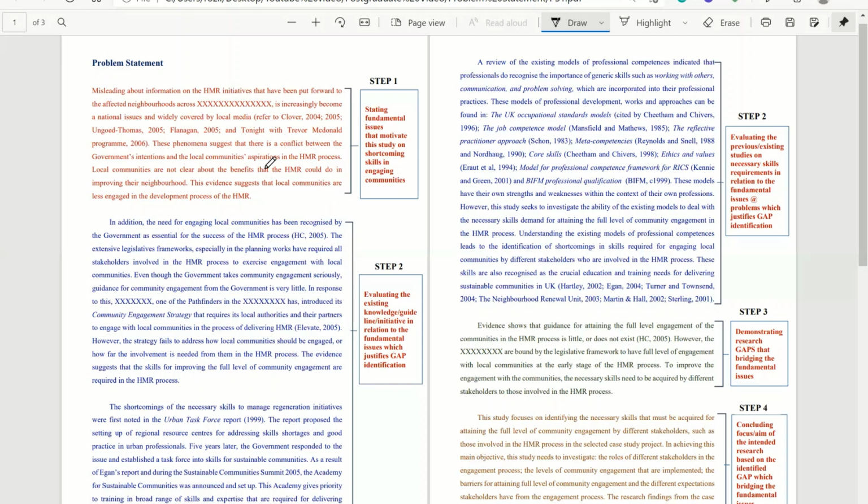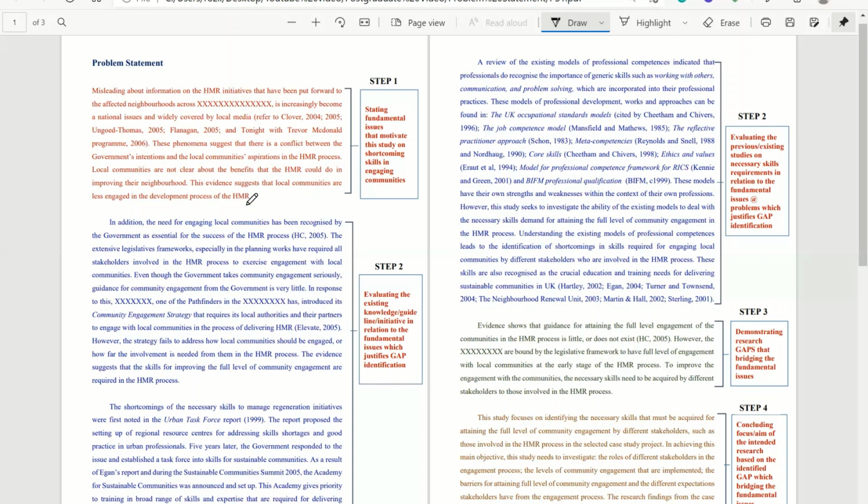How do I know this? Because the researcher started writing about the issues by demonstrating a practical problem, with regard to communities who do not agree with the government policies put forward to their neighborhood.